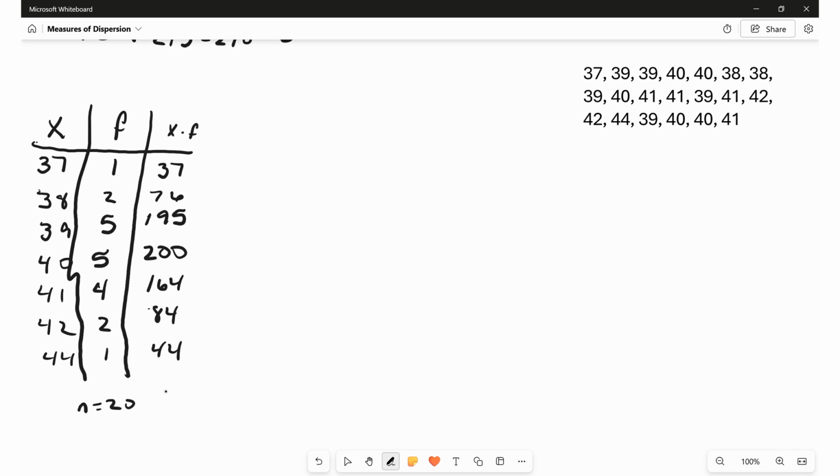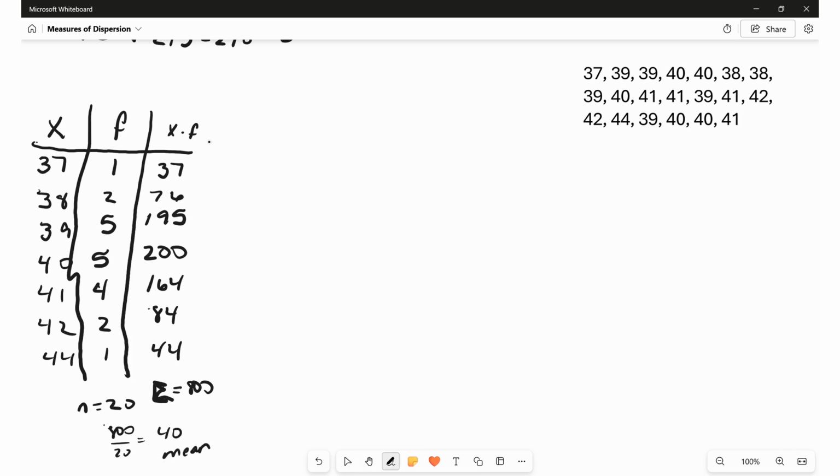And when we add all of these up, we get that the sum is 800. Okay. And 800 divided by 20, that gives us 40, which is our mean. Okay.